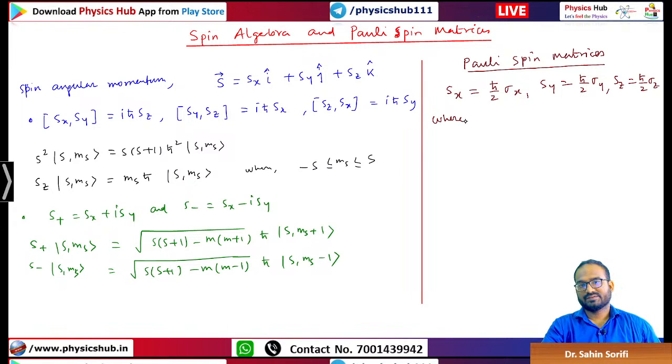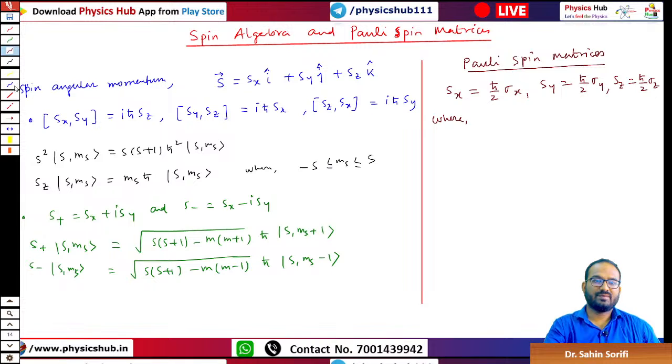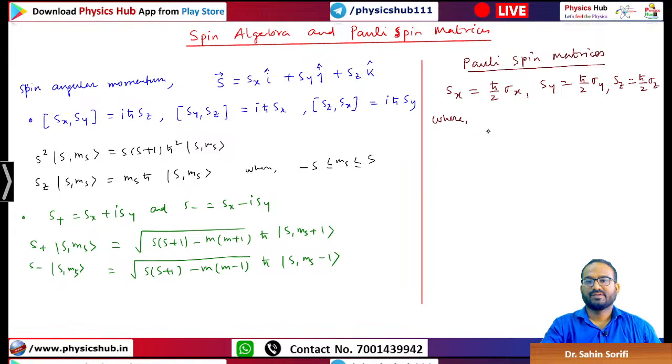where this set of sigma matrices, sigma x, sigma y and sigma z, they are called Pauli spin matrices. Sigma x, you need to remember these values: 0, 1, 1, 0.